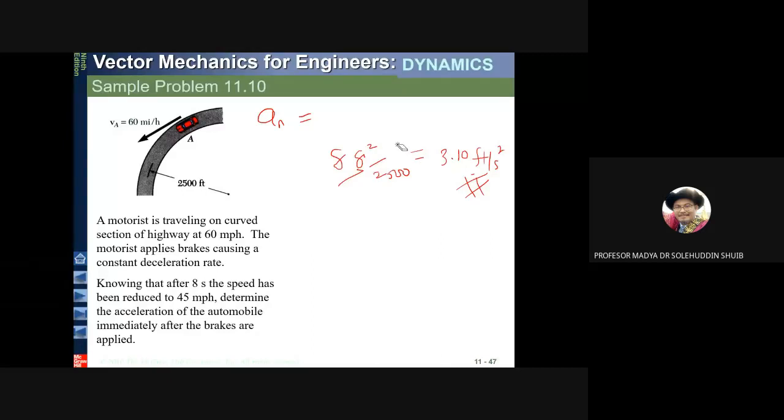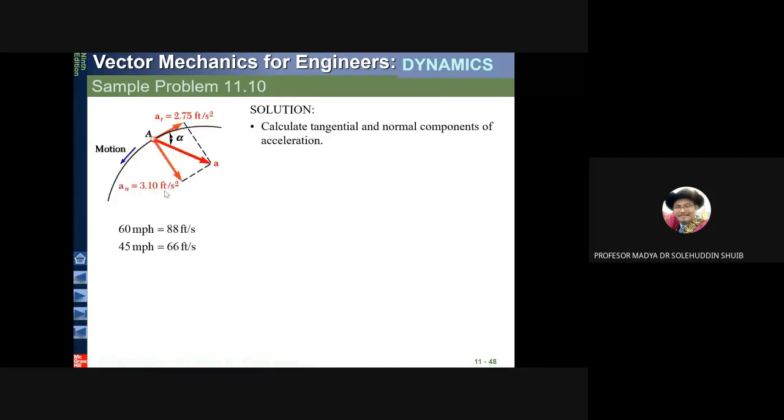This is the last one, part C. For part C, we want to find the magnitude of it. We are going to refer to the figure here.